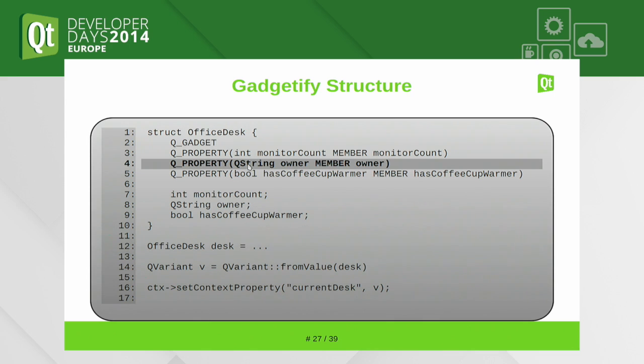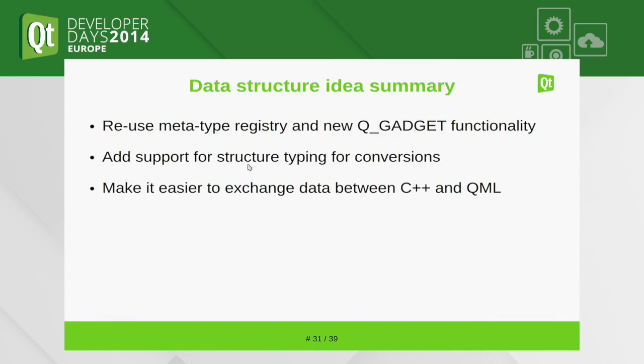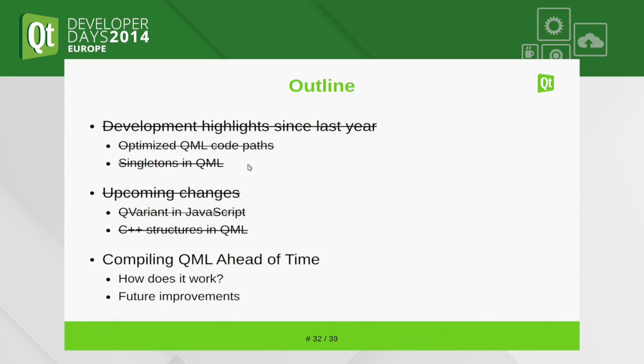But because of the central registration, they'll make it possible for dynamic scripting environments like QML to use that and know about the layout of those structures, and the helper functions basically. So this should just work, I think.